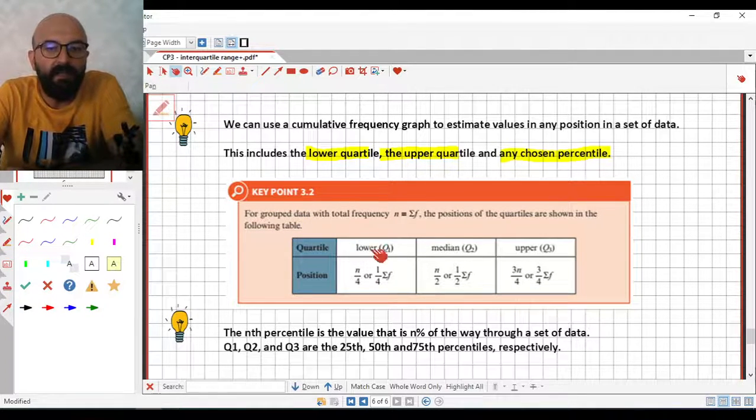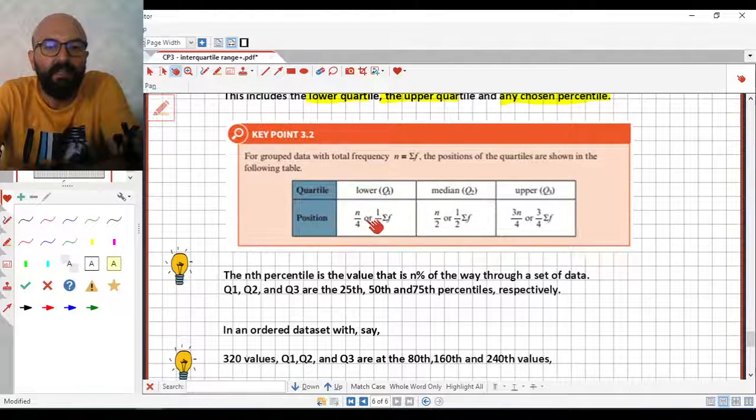For example, when they give us a data set, we find the lower quartile as the n over 4th value, or 1 over 4 multiplied by the sum of the frequencies. For finding the median, or Q2, it is the n over 2th value, or 1 over 2 multiplied by the sum of frequencies.